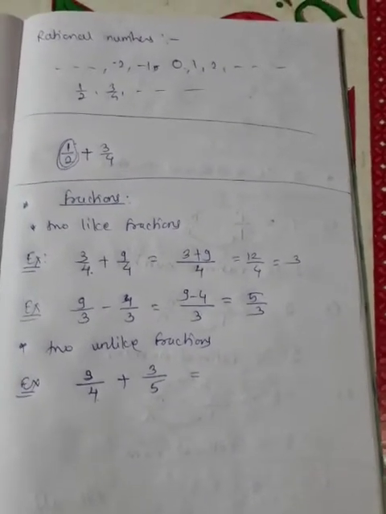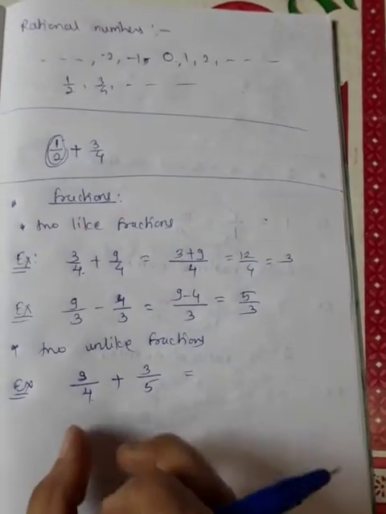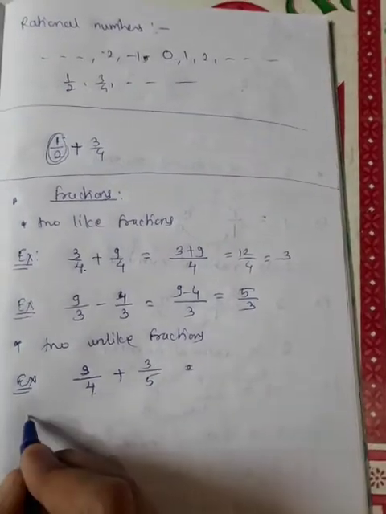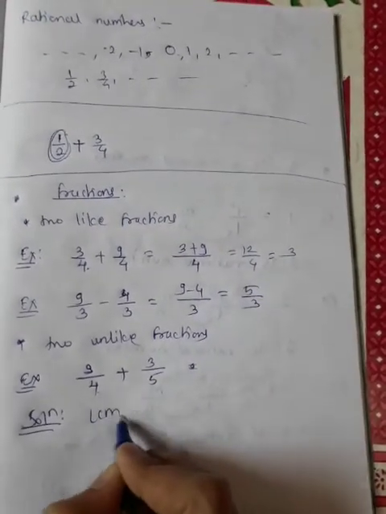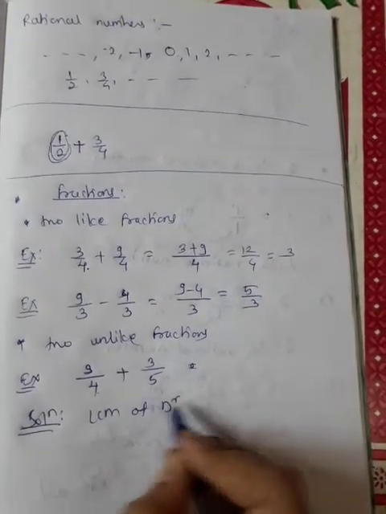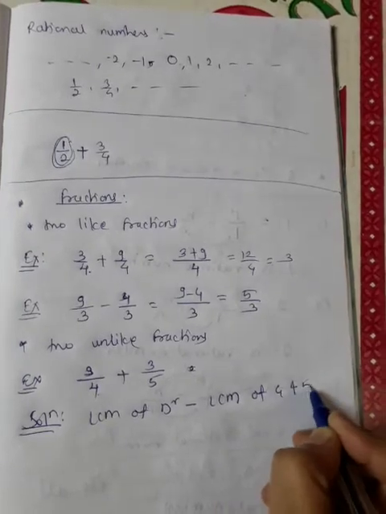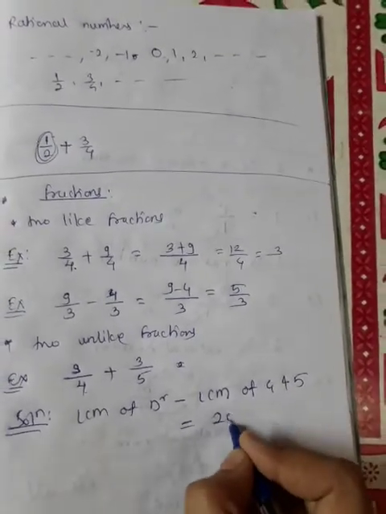So whenever we add two unlike fractions, we must know how to find the LCM. So here, to add these two unlike fractions, we first find the LCM of the denominators. So here the LCM of denominators means the LCM of 4 and 5. So what is the LCM of 4 and 5? LCM of 4 and 5 is 20.